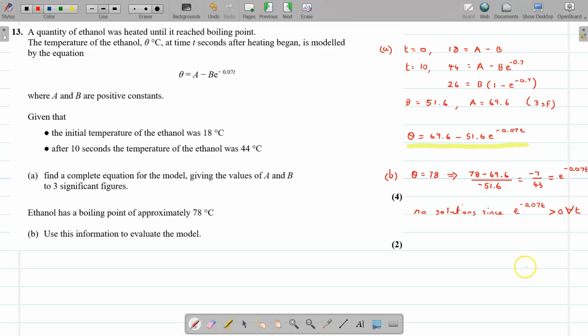I'm just qualifying that conclusion I've made. So you can also see that it wouldn't be valid for anything where theta is above 69.6. So no solutions, model not valid.